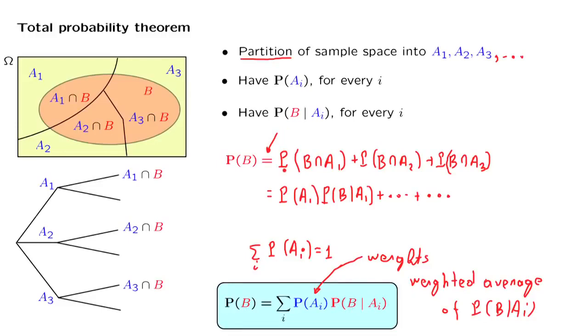But other than that, all the steps would be the same, and we would end up with the same formula, except that now this would be an infinite sum over the infinite set of scenarios.